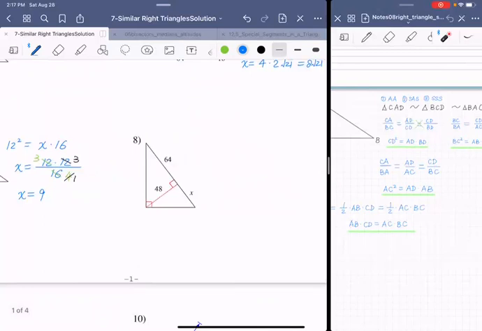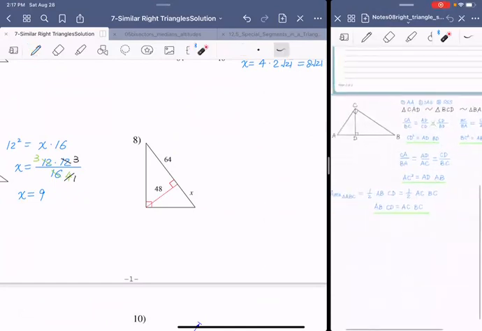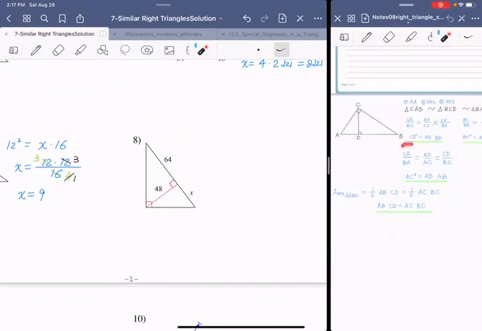Next, Branson, number 8. Wait, 48 squared equals X times 64.